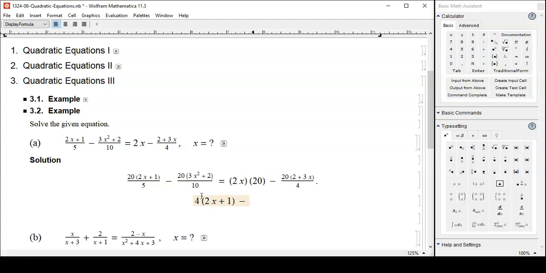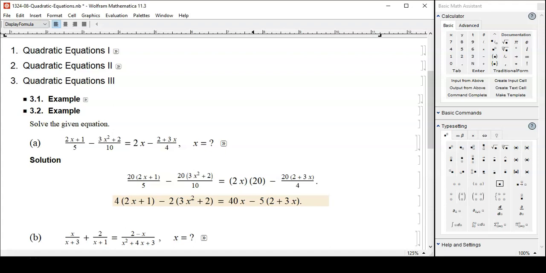And then 20 divided by 10 is 2. And the right hand side, 2x times 20, so 40x. Finally, 20 divided by 4 is 5. So that's what we have after step 1.